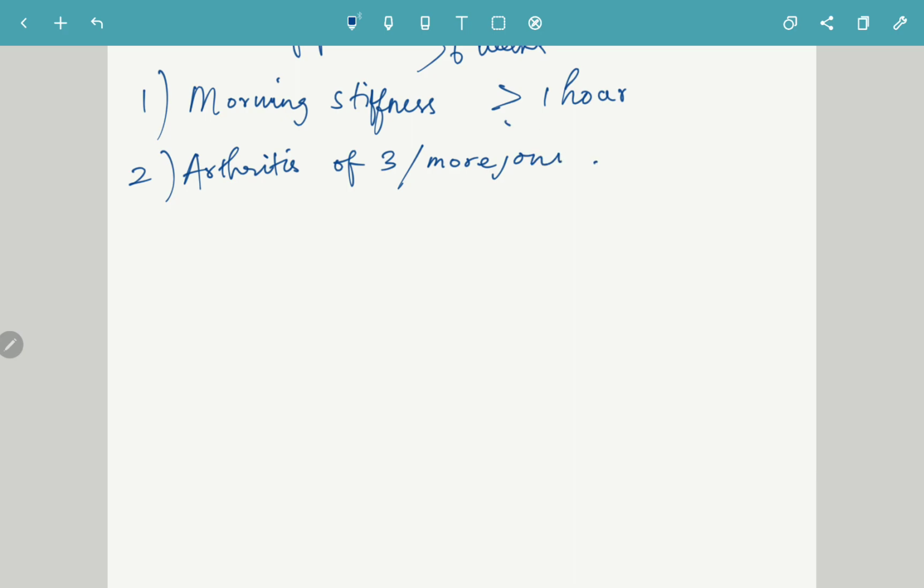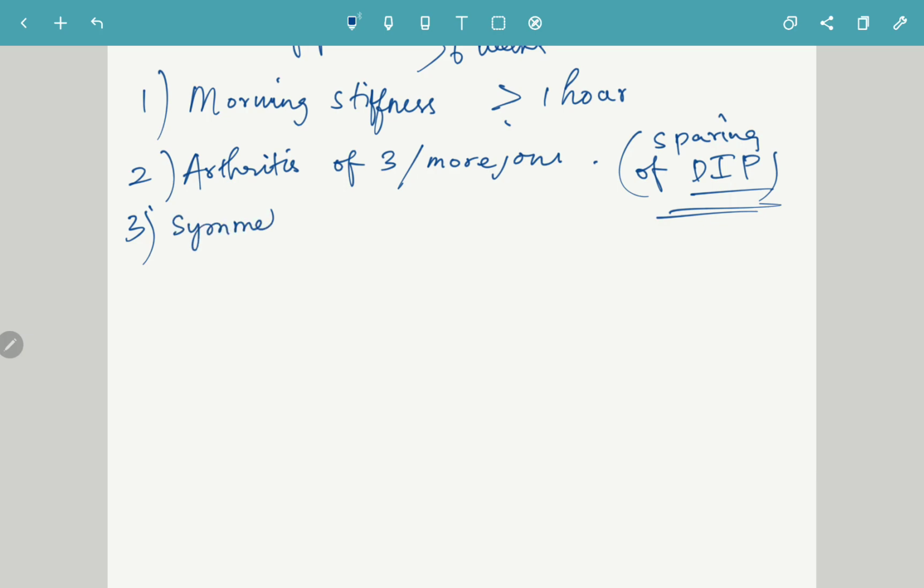The proximal interphalangeal joint, the metacarpophalangeal joint, the wrist, elbow, knee, ankle, and metatarsophalangeal joint, all of these. But remember, there is going to be sparing of the distal interphalangeal joint. Okay, this joint will not be affected in rheumatoid arthritis. And the third criterion is that it must be a symmetrical arthritis.